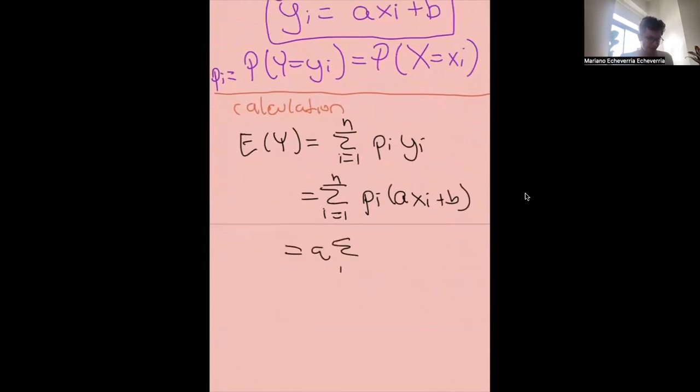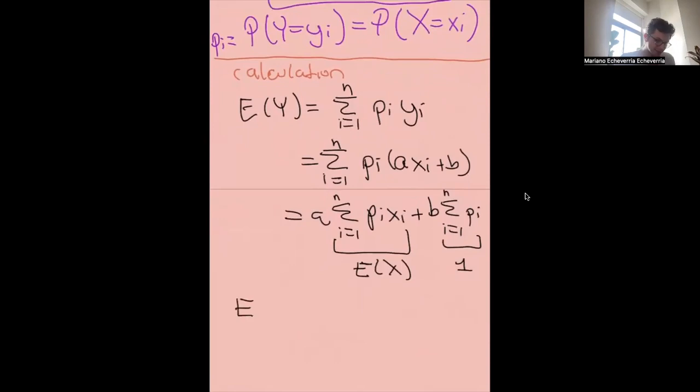So this is a times the sum of pi xi, plus b times the sum of pi. But this is precisely the expected value of x, and this is 1, because probabilities add up to 1.